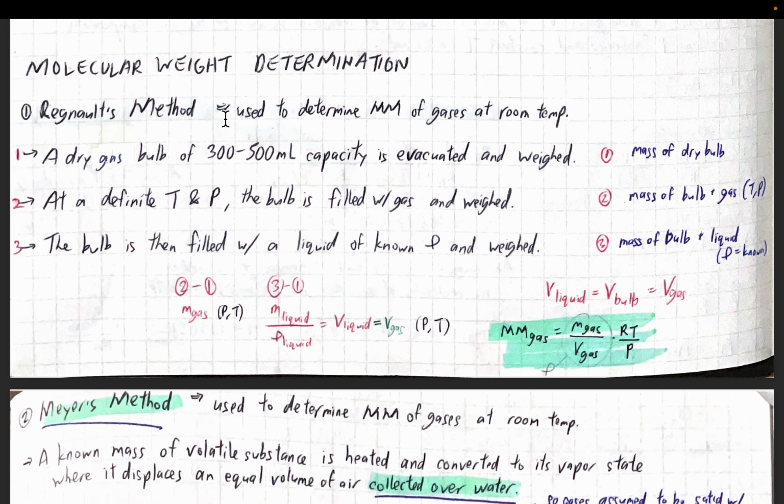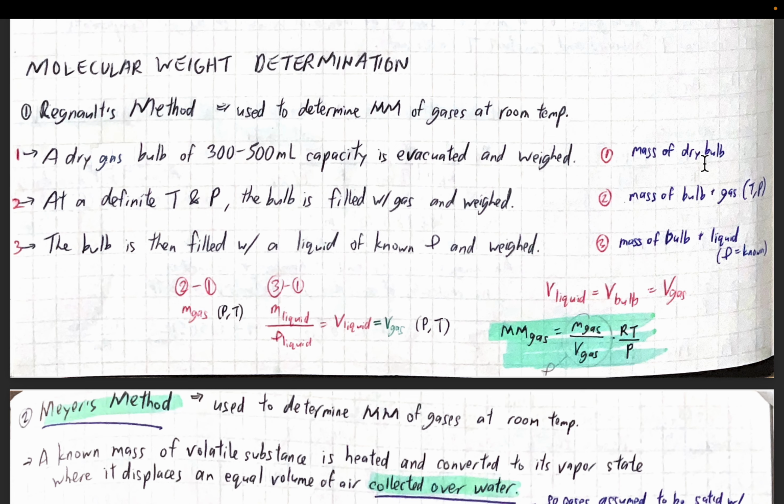This is specifically to determine the molar mass of gases at room temperature. So essentially, when a word problem mentions a dry bulb, the gas itself, obviously, you expect that in every kind of question.